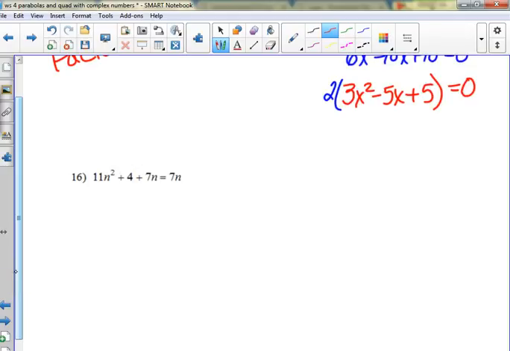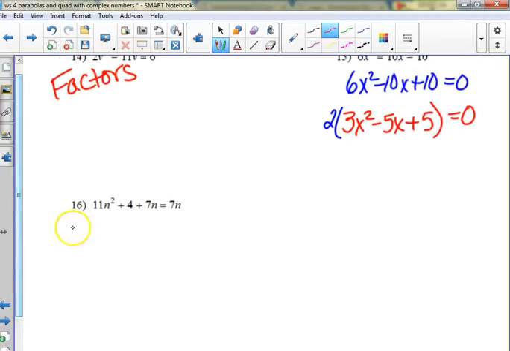What happens on 16? If those subtract off, we have 11n squared plus 4 equals 0. Do we need to do quadratic formula there? We could. What else could we do? Square rooting, yeah, but it's not going to be nice.